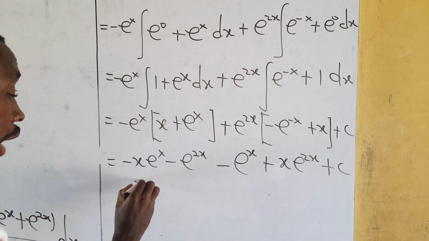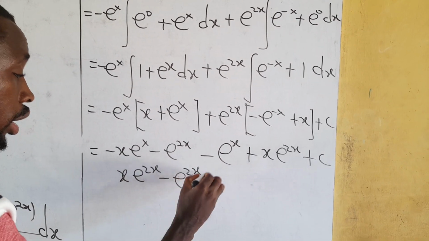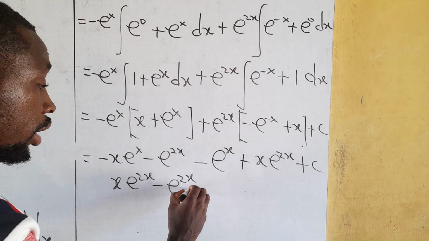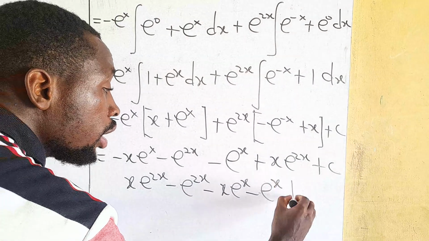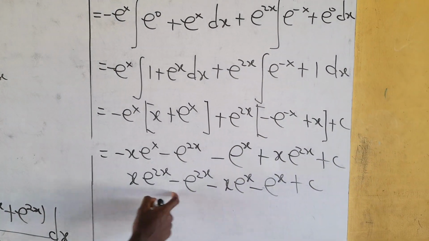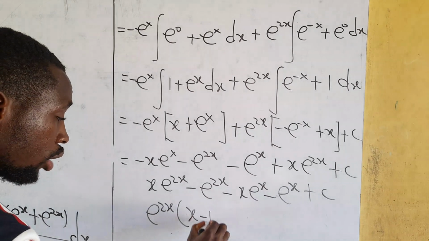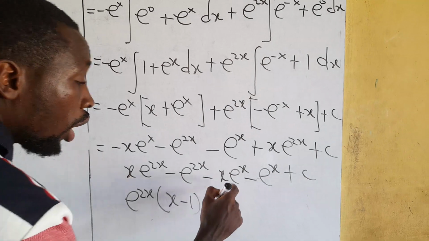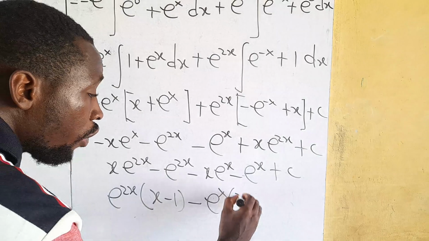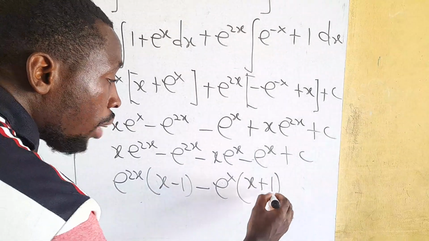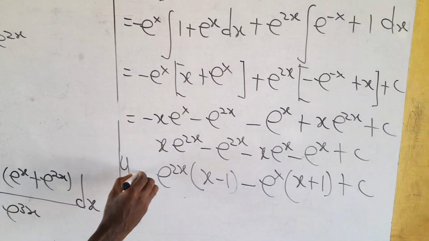So I have x e exponent 2x minus e exponent 2x, then minus x e exponent x, then minus e exponent x, then plus my constant. What is common here? E exponent 2x is common. I bring it out, I have x minus 1. Then what is common here? Minus e exponent x is common. When I bring it out, I have x plus 1, then plus my constant of integration. Then we can say this is our y p.